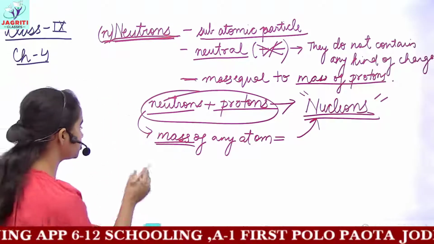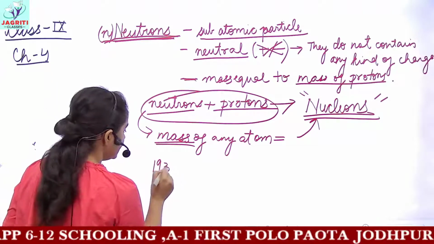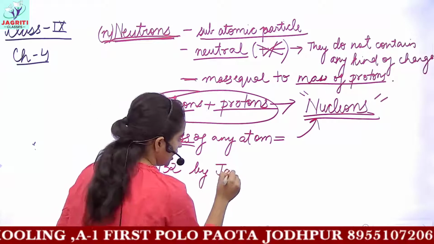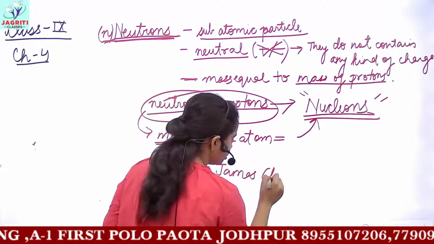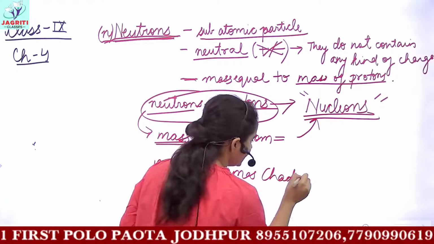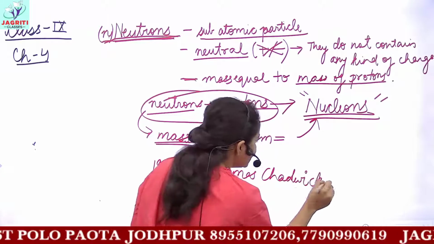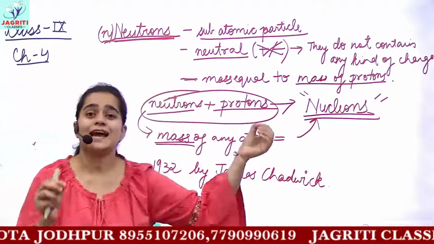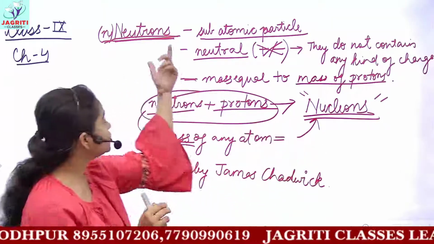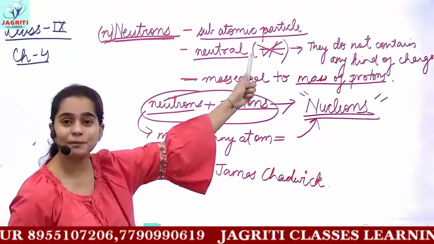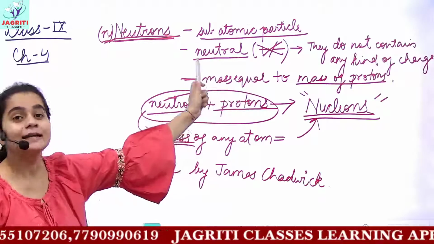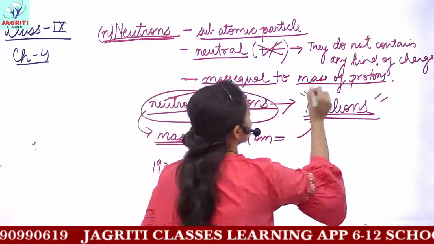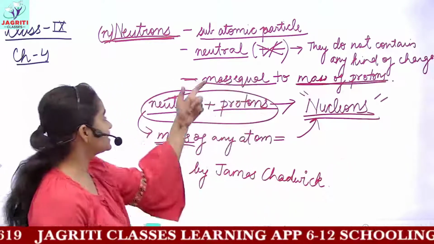These neutrons were discovered in 1932 by James Chadwick. This is a brief account of neutrons, or the knowledge you should have about neutrons at this level: that these are subatomic particles, they are neutral, that is they do not carry any kind of charge, and they have a mass equal to the mass of a proton.